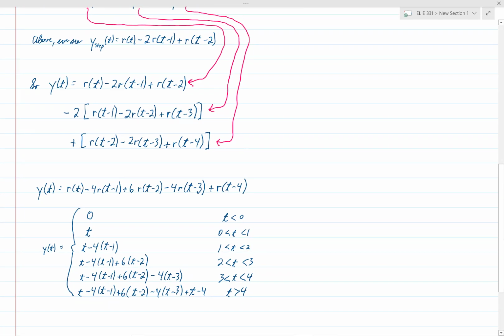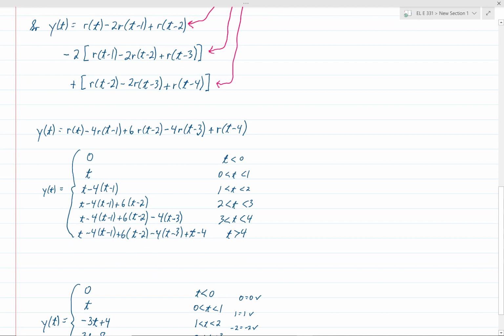And so now what I want to do is to express what that function is equal to over the different parts of the t domain. And we're going to go, as usual, from left to right. Okay. Well, this is a ramp starting at t equals 0. This is a ramp starting at t equals 1.